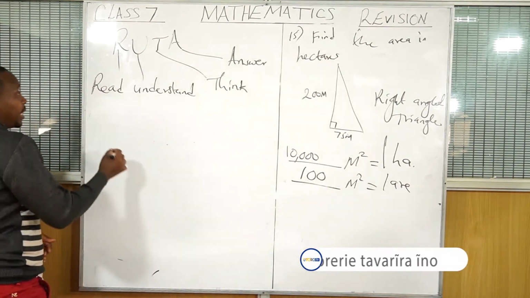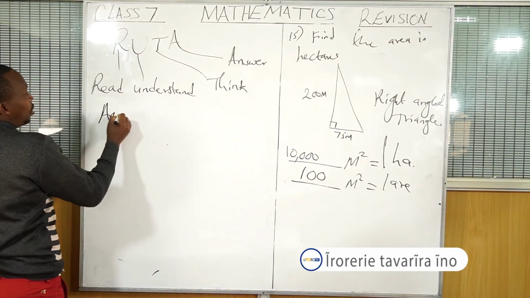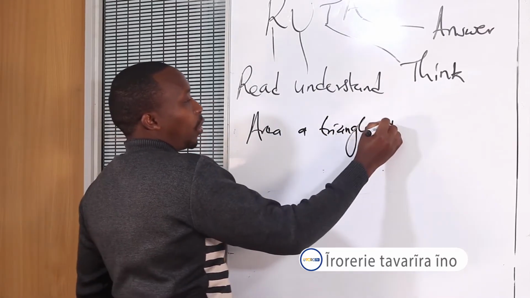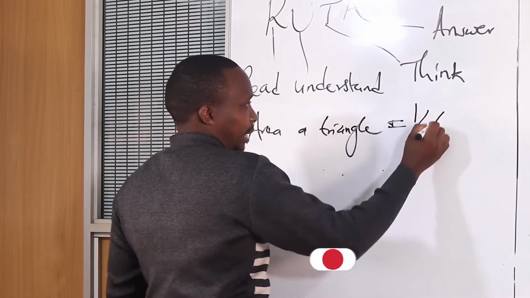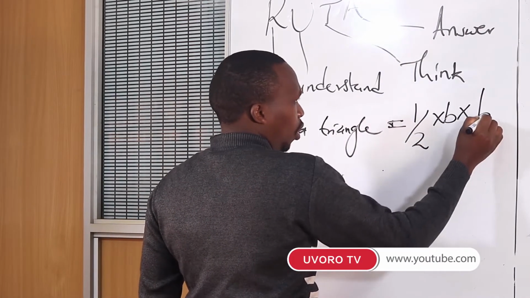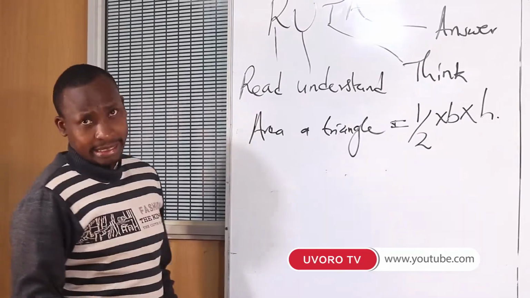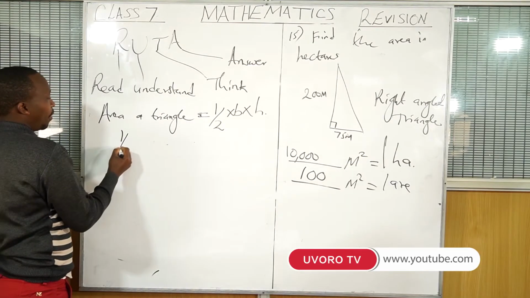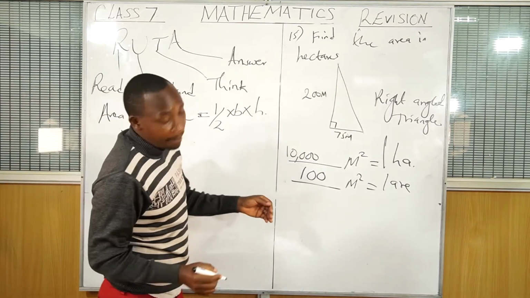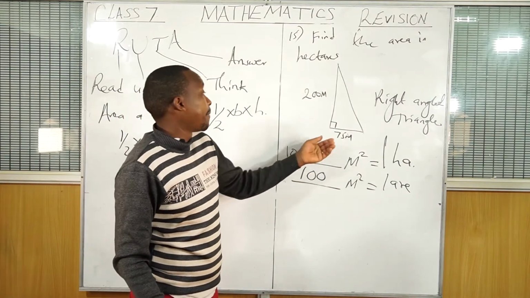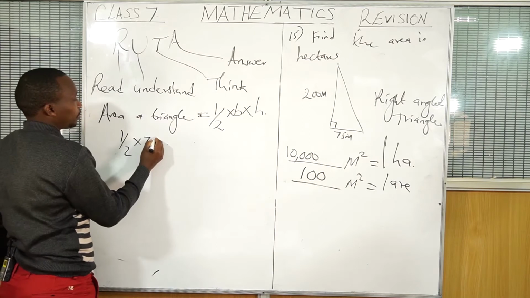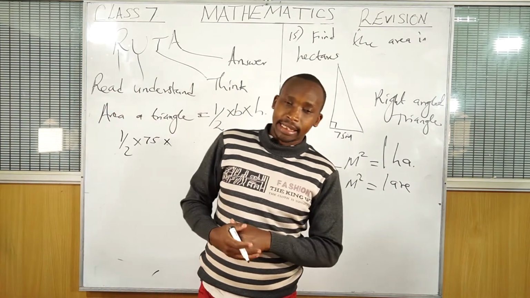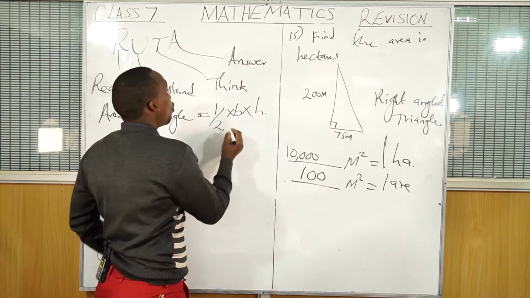You will say area of a triangle equals a half times base times the height. Our base is 75. Very good. Times our height. Our height is 200.